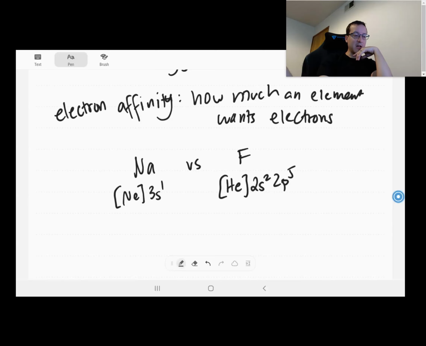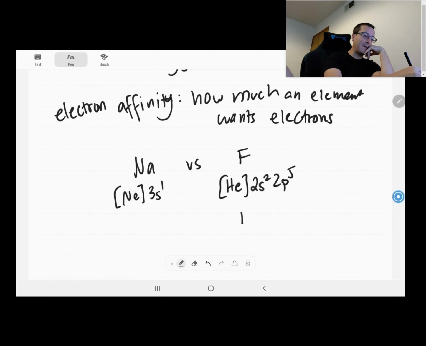So fluorine has how many valence electrons? 7. Remember, Stanville, we have to count the s electrons as well. If it's got 7 valence electrons, how many electrons would it need to get to 8?